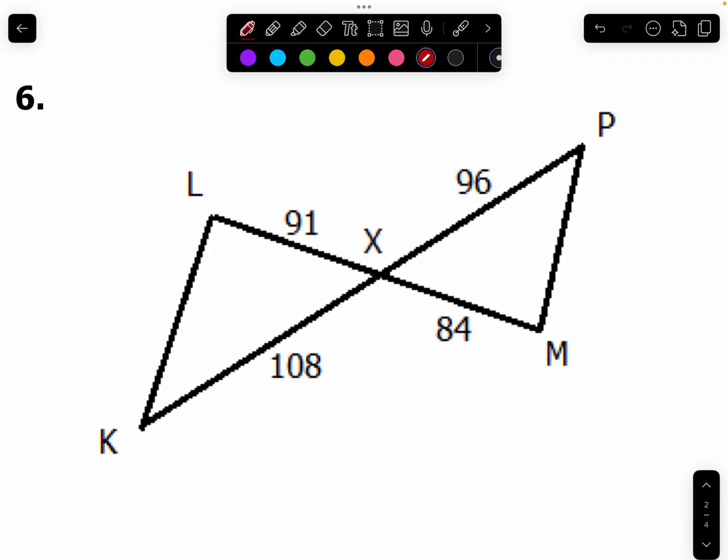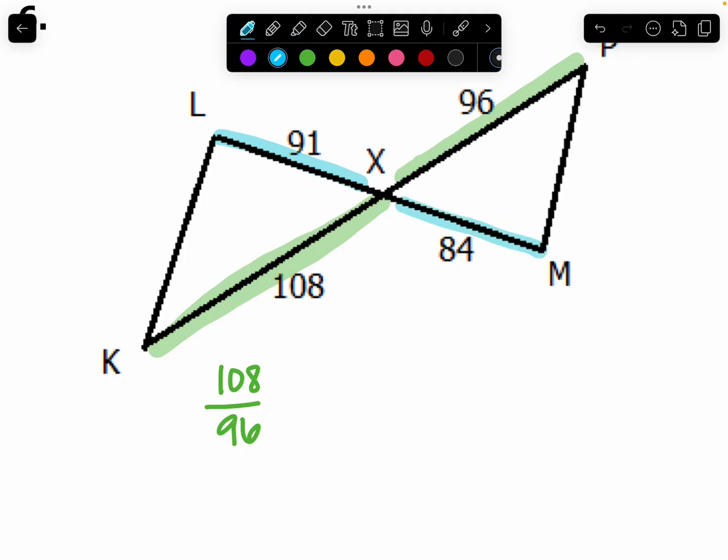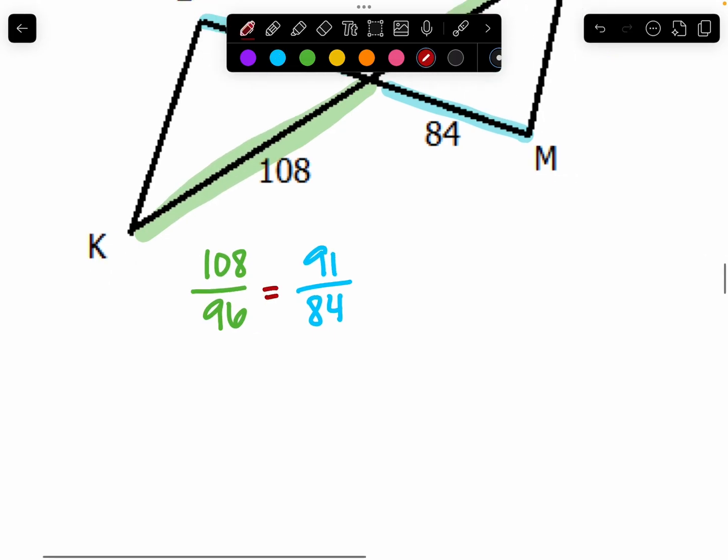Number 6. So I see here that 108 is the longer side, and over here 96 is the longer side, so they are going to be corresponding. And then 91 and 84 will be corresponding. And then we're just going to see if these are congruent or not. So you can do what we did on number 4 and just simplify each fraction, or you can cross multiply.